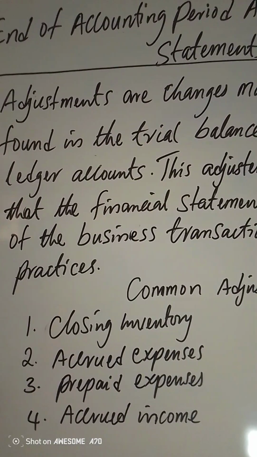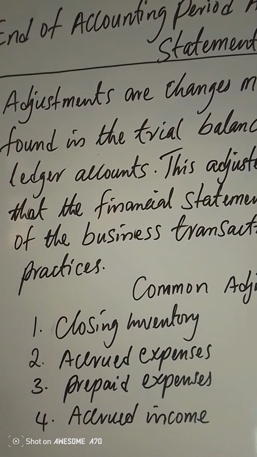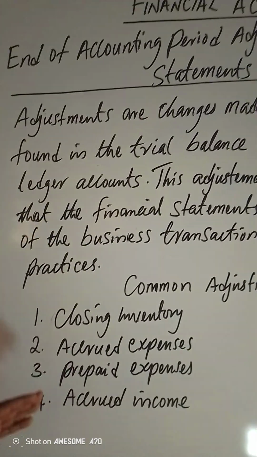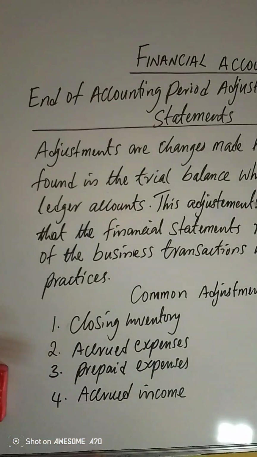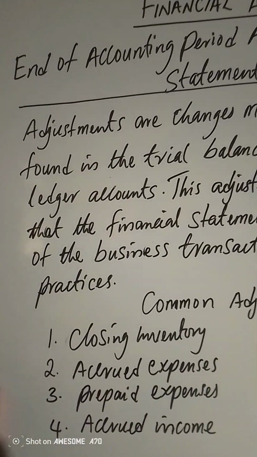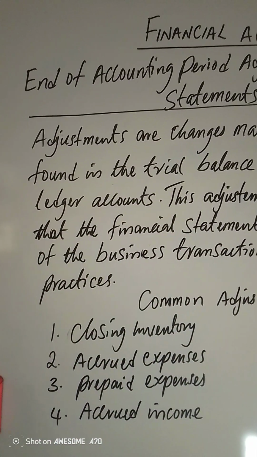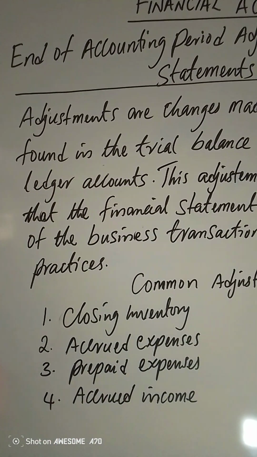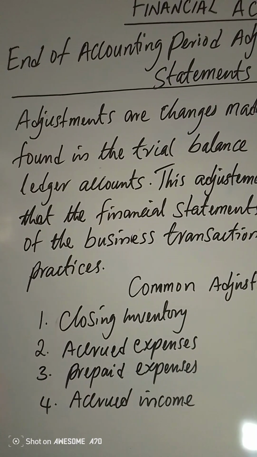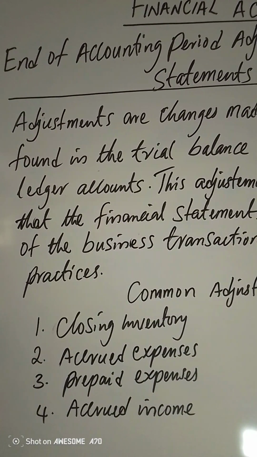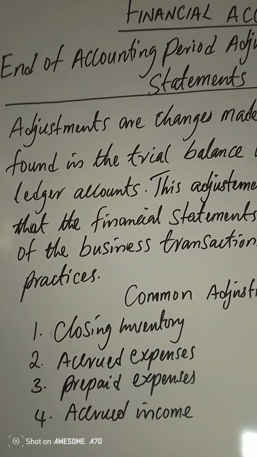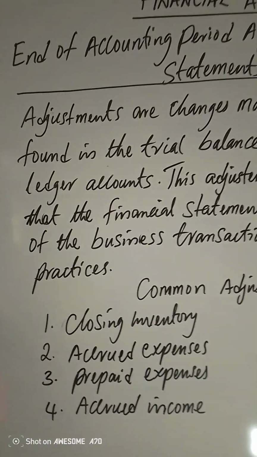If the expenses are not fully paid, the remaining balance is supposed to be captured. Otherwise, the true picture of the financial statement will not be there. And that's what is called accrued expenses. Expenses that have been enjoyed but not fully paid. So the remaining balance that's supposed to be paid is referred to as accrued expenses.